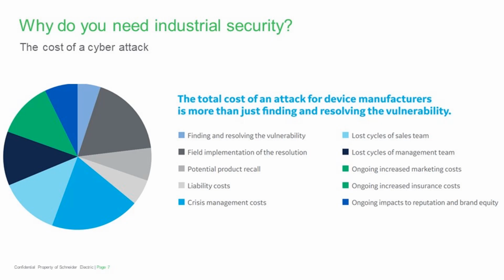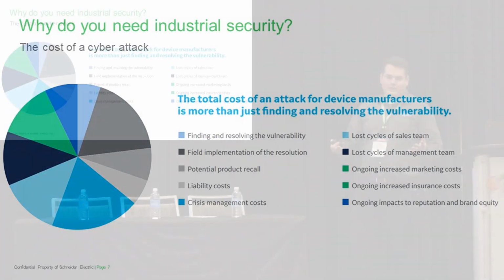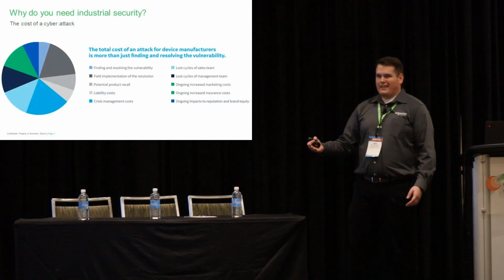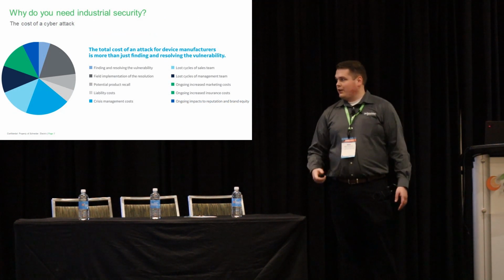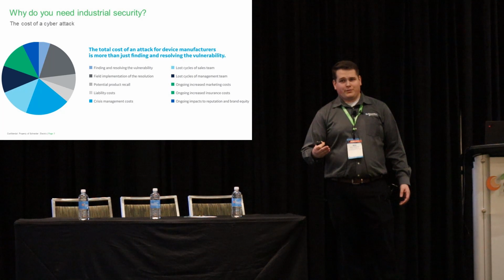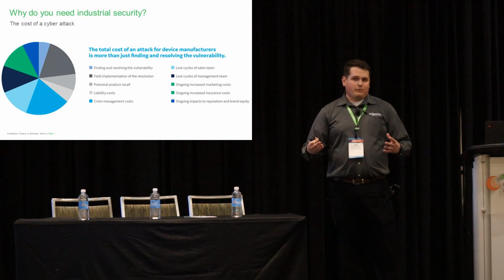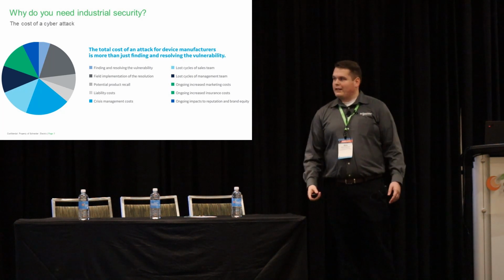And also your brand. Once you have that breach of security, people are going to remember that when you go to do business with them in the future. You've got that reputation of, we had a cyber attack and we lost X amount of data from these customers. So preventing that is really key. Making sure you never have that on your reputation and keeping your process secure. Whether you're a manufacturer or end user, it's important for everyone to have a good idea on.